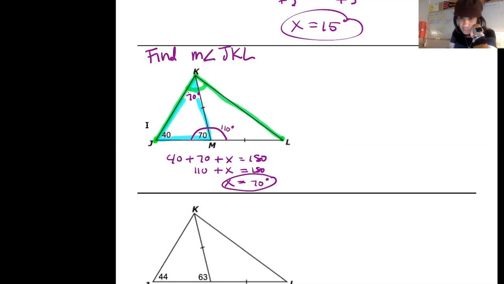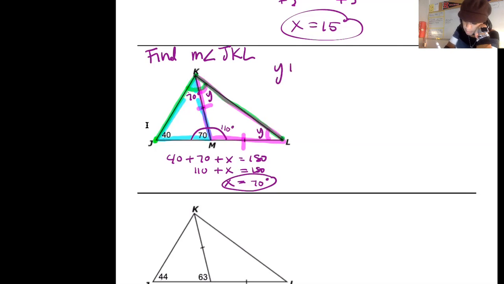And if we turn our paper and look at it, we know that this triangle, let me highlight it in a different color, this purple triangle here is an isosceles triangle because of those markings. So whatever this is gonna be equal to whatever that is, okay? So I'm gonna use a different variable. I'm gonna use y and y. If this is y, that's y because they're equivalent, they're the same.